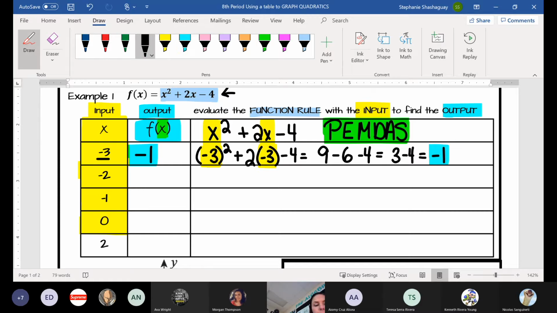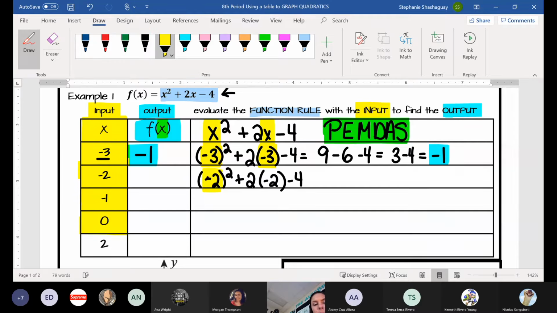So now all we have to do is take that input of -2 and plug it into our function rule. So we have -2 squared plus 2 times -2 minus 4.